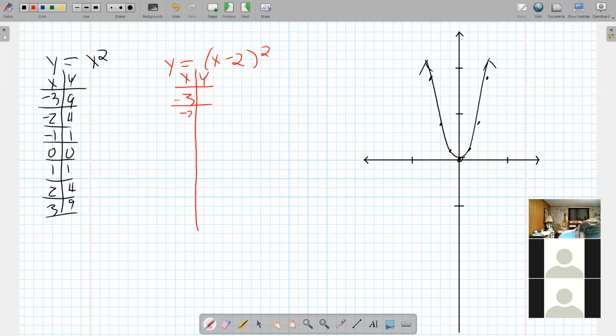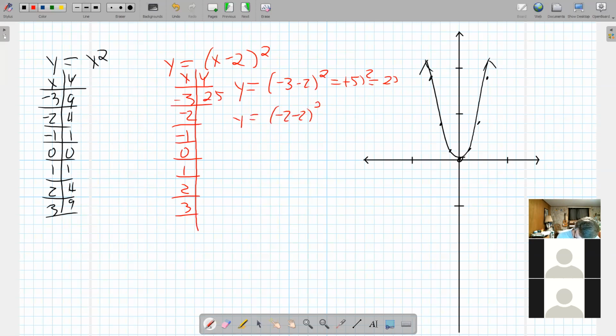And I'm going to use the same x values to start with. So now I put x inside, I subtract 2, and then I square it. So this is 25. I put x inside, I subtract 2, so -2 minus 2, and square it.